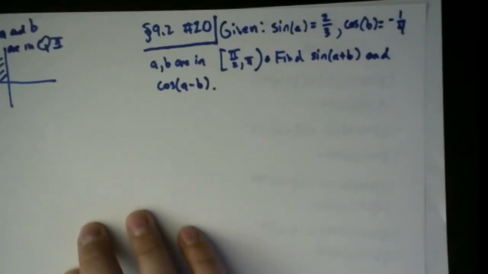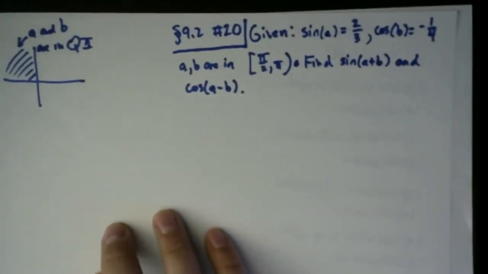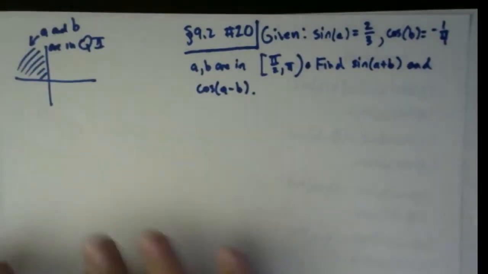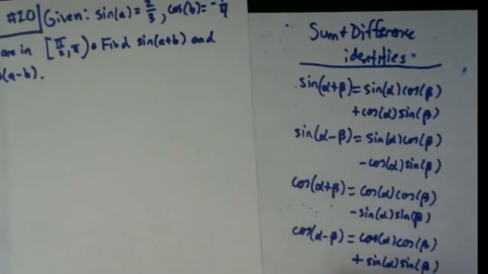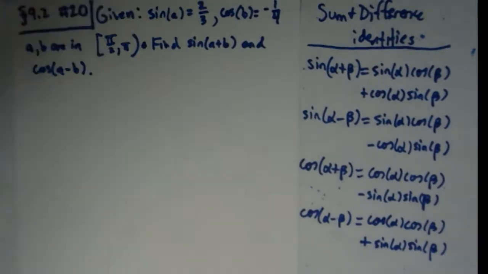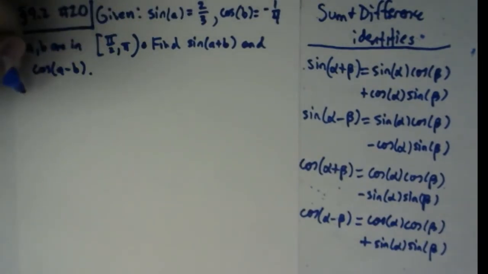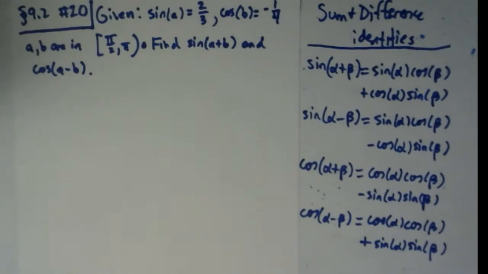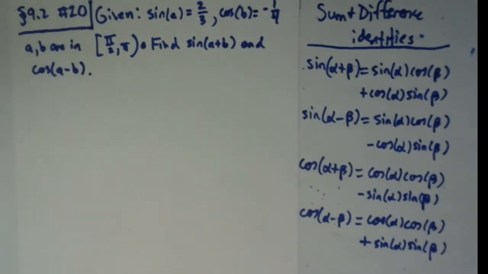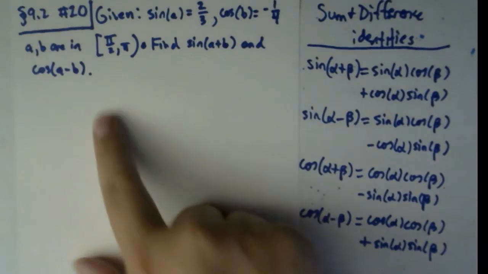The rest of this is just other information that we're going to have to use in the middle of solving this problem. So the first natural thing to do is to expand sine of A plus B and cosine of A minus B in terms of the identities.